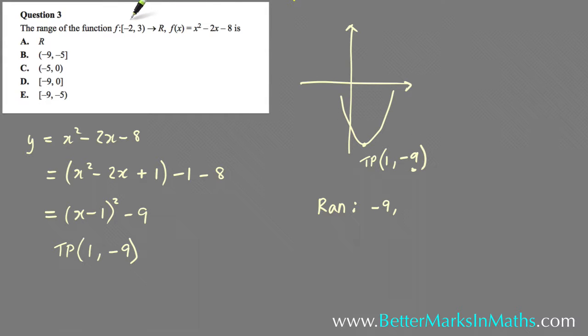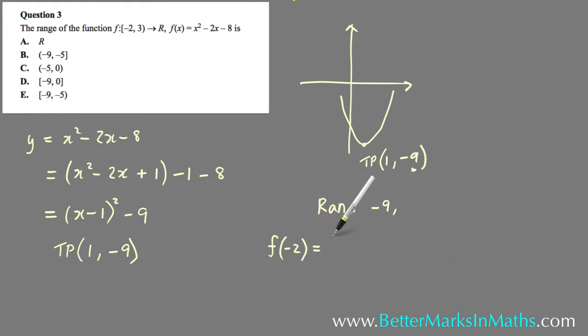So the domain is from -2 to 3. So -2 is somewhere on the left here, and 3 is somewhere on the right of this 1. And you need to figure out which one of those is higher than the other, because its y value will be the highest point on the graph. So you need to find f of -2 and also f of 3.